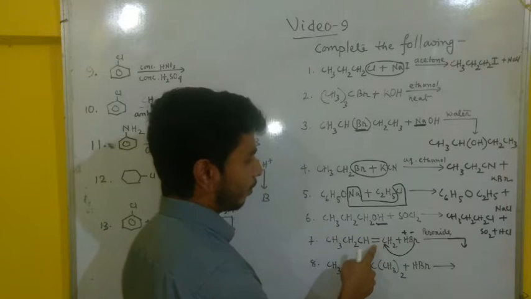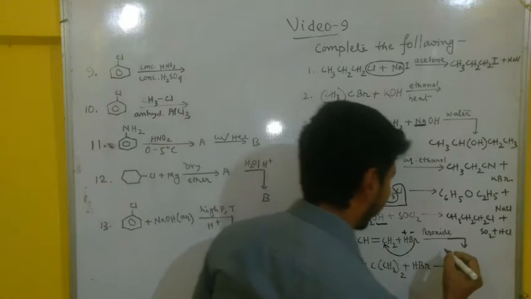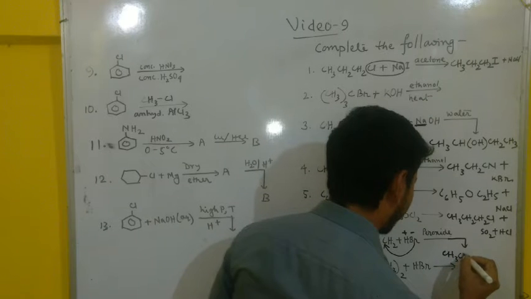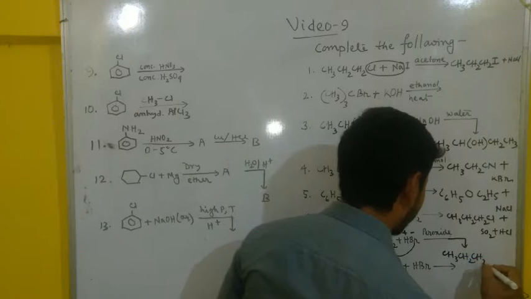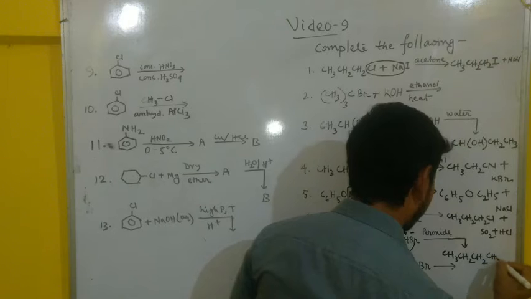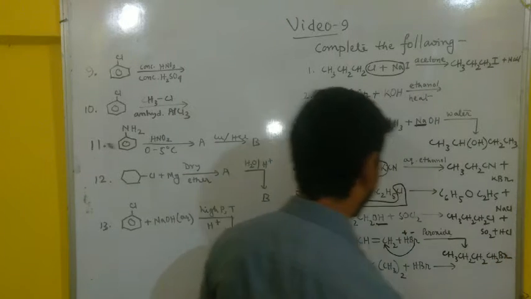Double bond becomes single bond, CH2Br. So CH3CH2CH2CH2Br.